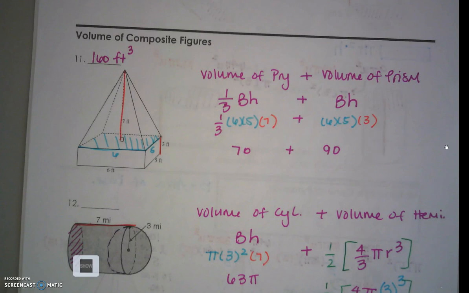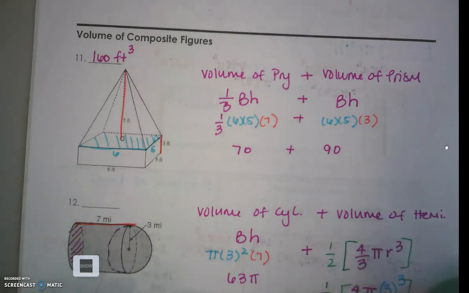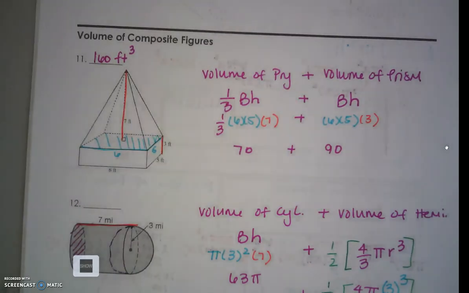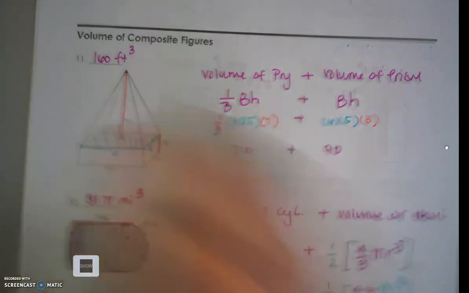So this is going to become 36 pi. And if I need half of that, that's going to be 18 pi. We'll drop our 63 so we can see what we're adding. So the volume of this composite figure is going to be 81 pi miles cubed.